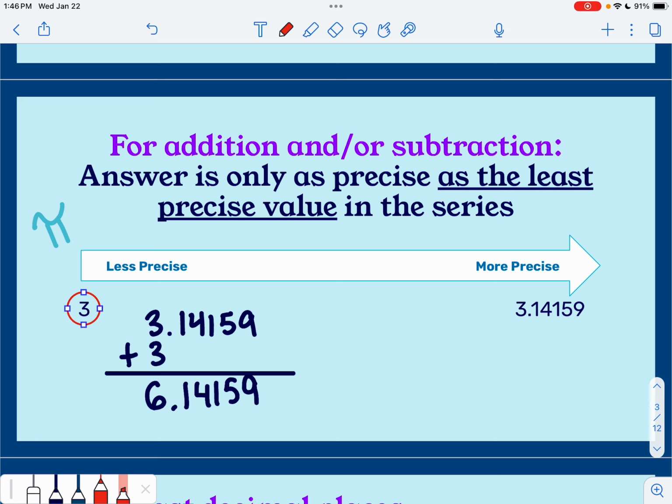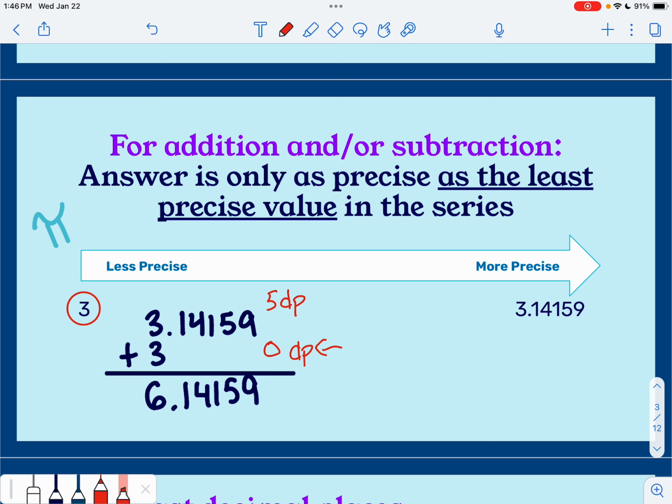So if we say that 3.14159 has 5 numbers that come after the decimal point, and 3 has 0 numbers that come after the decimal point, we know that our answer will only be able to have 0 numbers after the decimal point, because your answer can only be as precise as the least precise value, which we said has 0 decimal places.